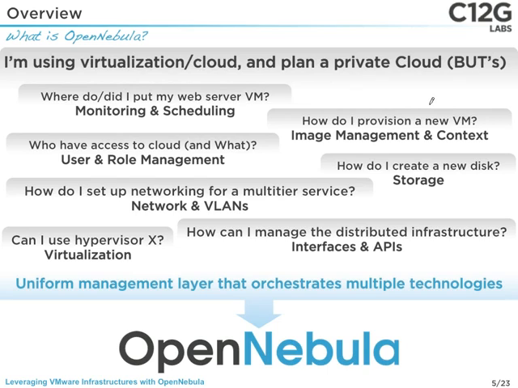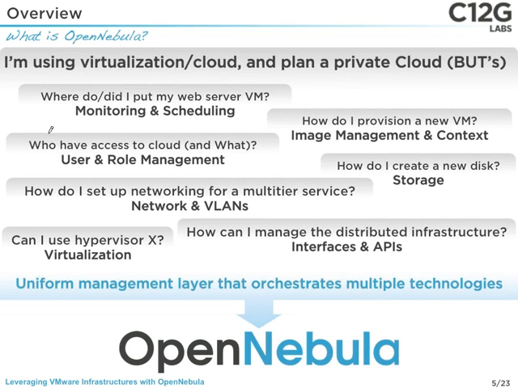Also, when the number of physical servers increases, the answer to the question of how do I provision a new VM becomes complicated. So that's where the image management and contextualization of OpenNebula come into play.